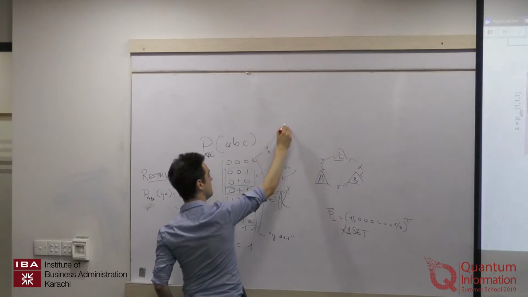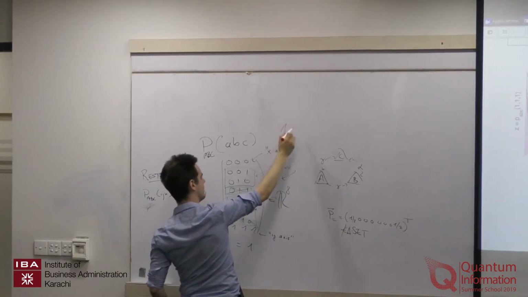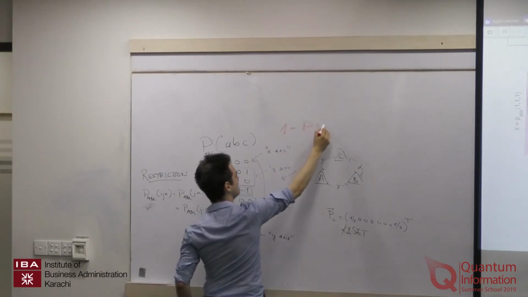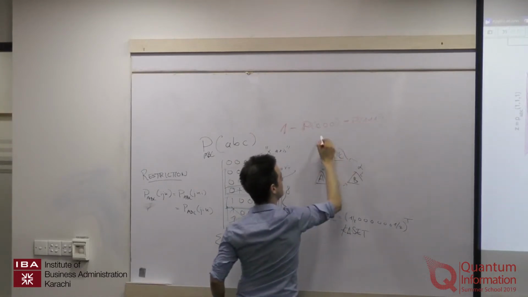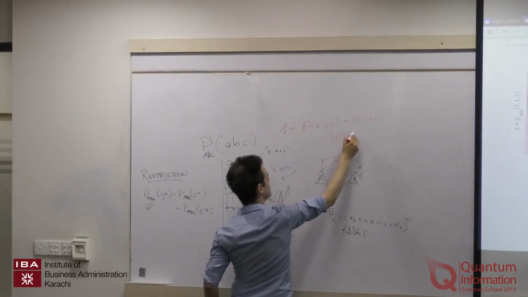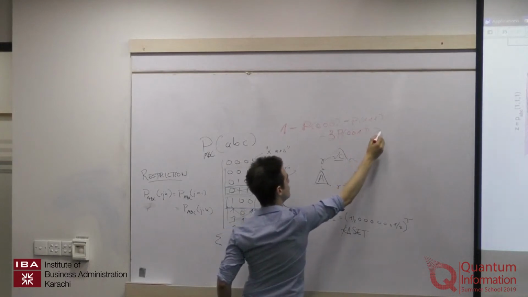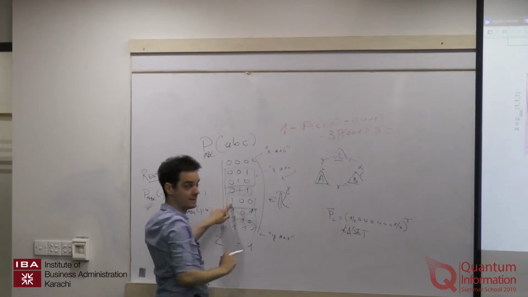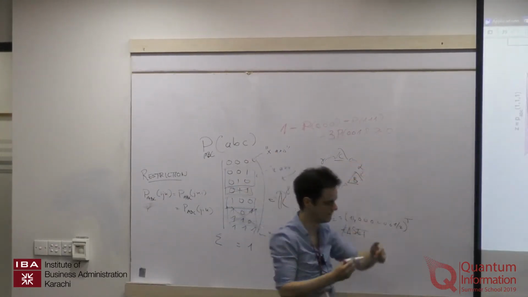The condition is that 1 minus P000 minus P111 minus 3P001, divided by 3, is equal to the missing one by normalization, so this should also be non-negative.